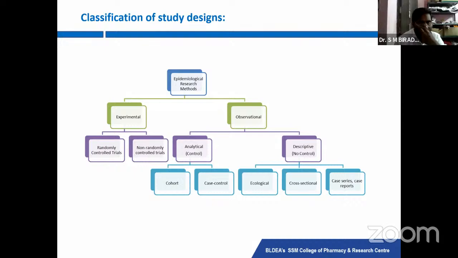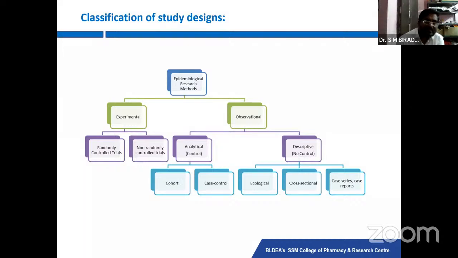Or some of the times they expose the participants or the volunteers or the subjects to the risk factors to develop that particular disease condition. So there is an involvement of the researchers to induce or intervene in the study. Those studies are called experimental studies.